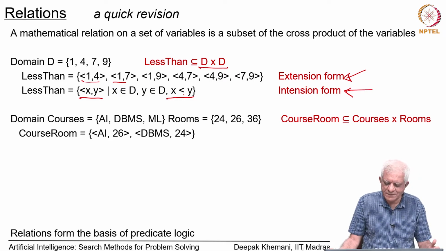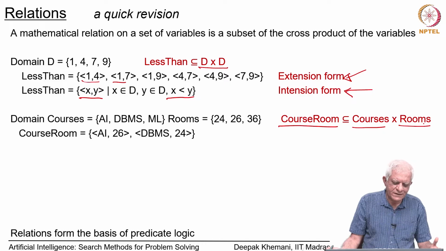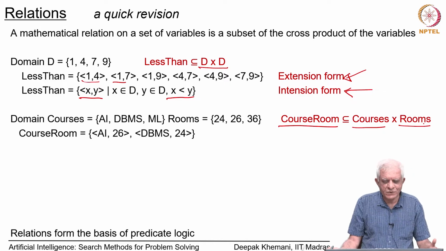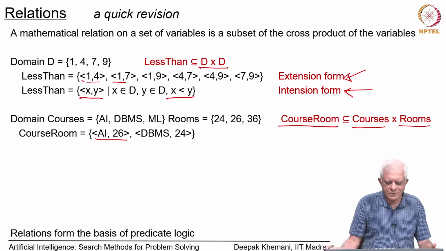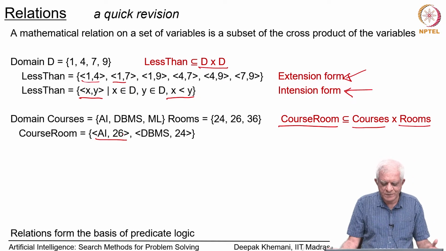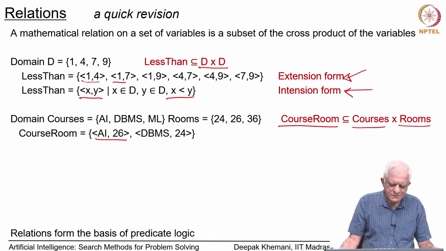And in this particular example, we are talking about a relation called which course is in which room, and it is a subset of courses cross rooms, as you can see here. And it is again a pair in this case, again this is a binary relation between 2 elements. And the relation basically says, for example, that AI is in room number 26 and DBMS in room number 24, and that is what this one says. You may have more courses and more relations.